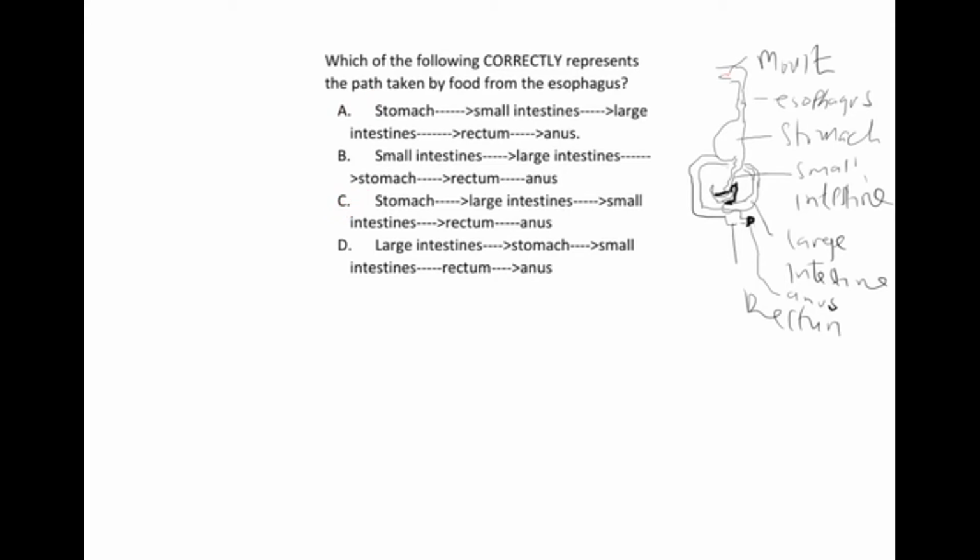So from the stomach, we have said now we go to the small intestine. From the small intestine we go to the large intestine. From the large intestine we go to the rectum, and then the anus, which is the part that we have highlighted here: esophagus, stomach, small intestine, large intestine, the rectum, and then the anus. So our correct answer in that case will be A.